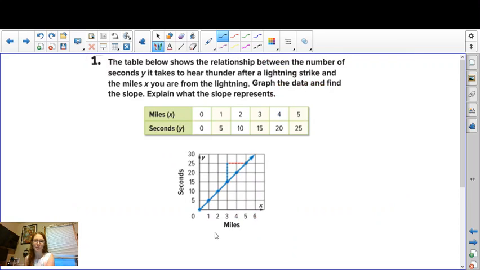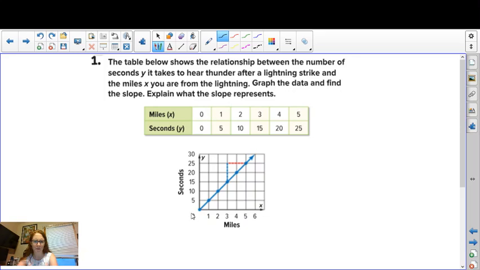All right, the table below shows a relationship between the number of seconds, y, it takes to hear thunder after a lightning strike, and the miles, x, you are from the lightning. Graph the data and find the slope. Explain what it means. Okay, so the notes don't always give me clear, empty graphs, so I don't get to graph this one with you.